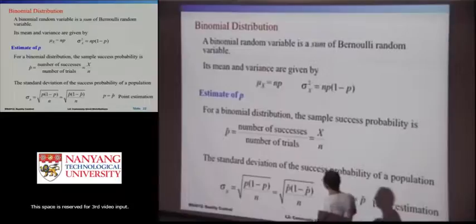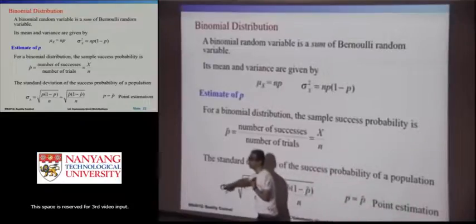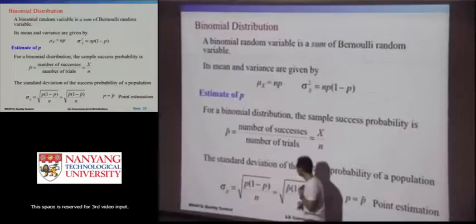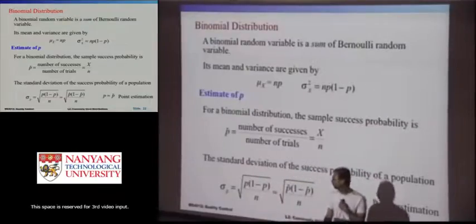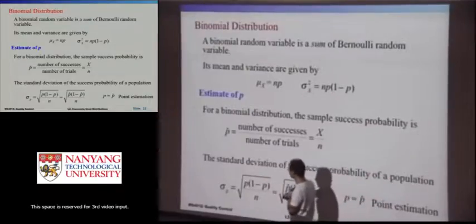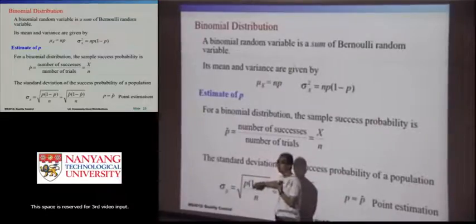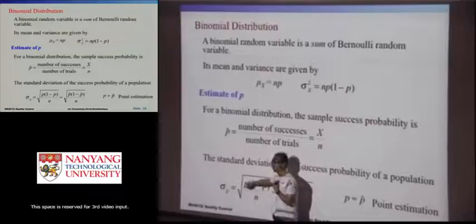So the standard deviation of this estimation, sigma p hat, equals this. This can be proved, but I will skip it here, and I will not test you on it either. In principle, it should be the successful probability of the population.